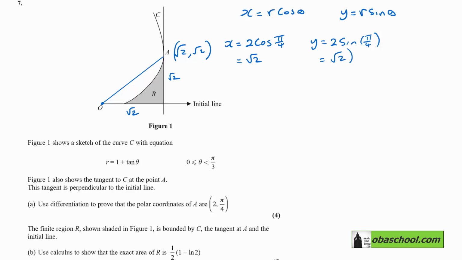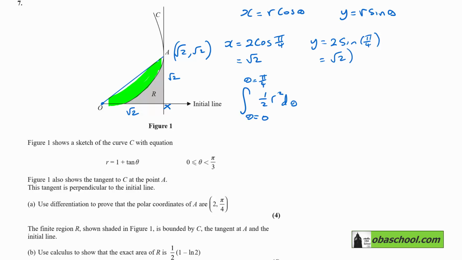If we consider the integral from theta equals 0 to theta equals pi by 4 of a half r squared d theta, that is actually going to give me this part. So to find R, we're going to want the area of the triangle, which if I call this point X, is the triangle OXA, take away the result of this integral.